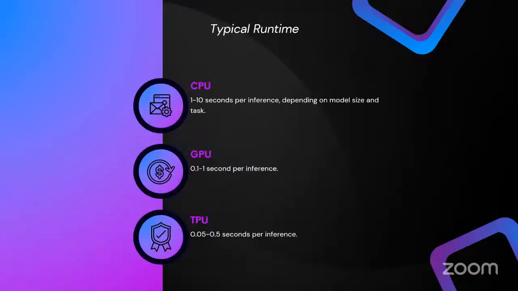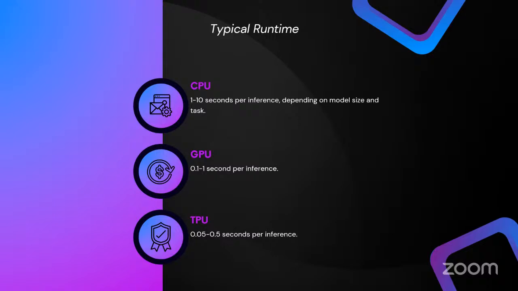So here is the typical runtime. If we run it on a CPU, it will take 1 to 10 seconds per inference, depending upon the model size and task. Okay. And when we are using a GPU, it will take significantly less, 0.1 to 1 second per inference. And when we are using a TPU, it will take 0.05 to 0.5 seconds per inference.